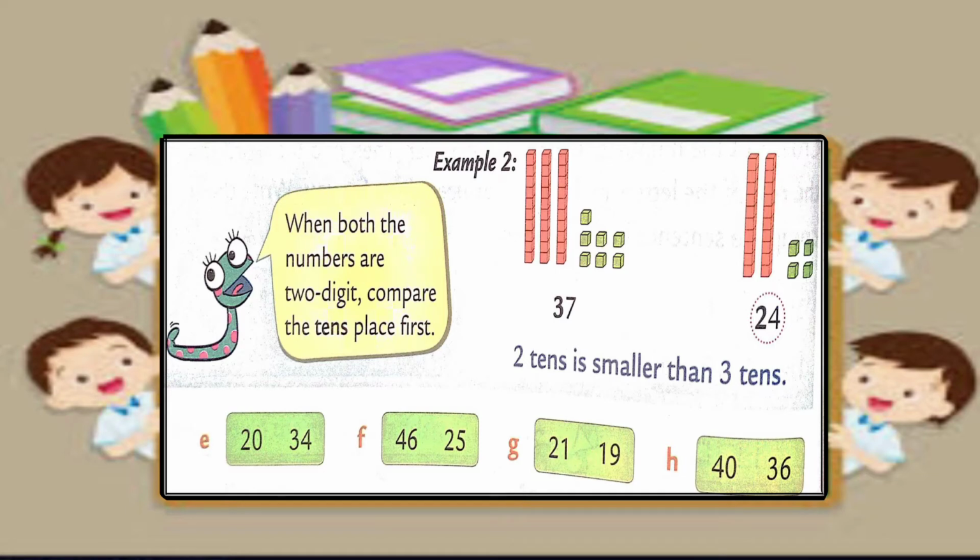Let us see. When both the numbers are 2 digit, compare the tens first. So here the tens digit is 3. So first we have to find out which is smaller. We can easily say that 2 is smaller than 3. So 24 is the smaller number.